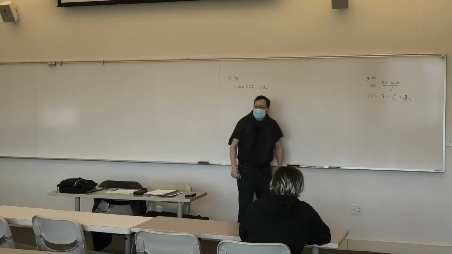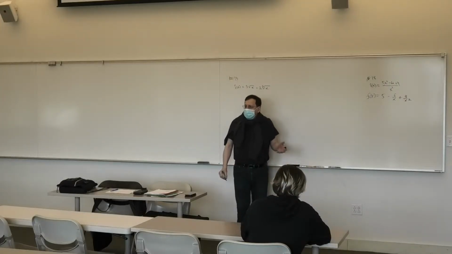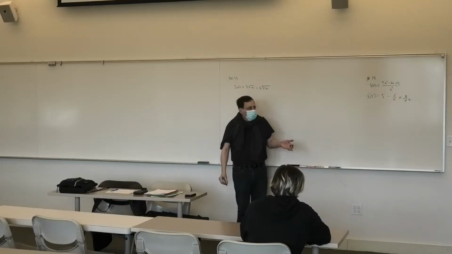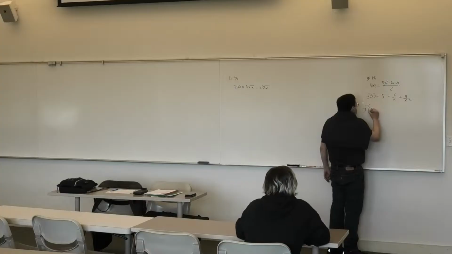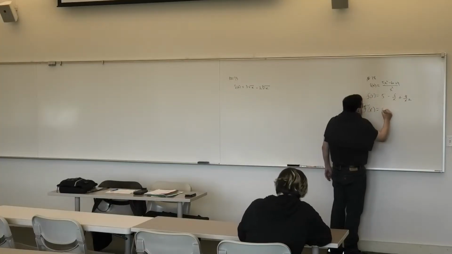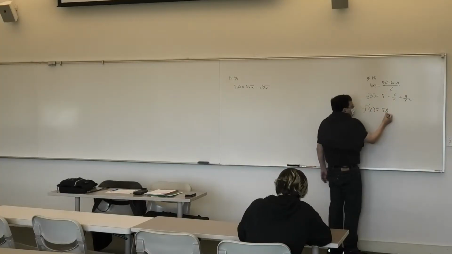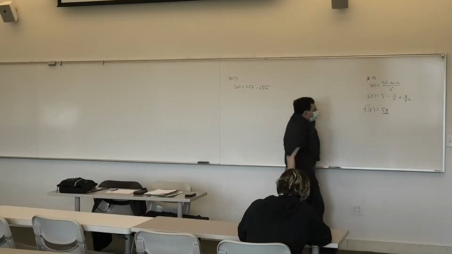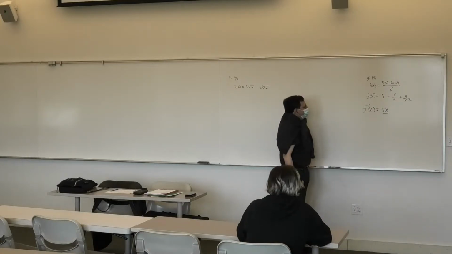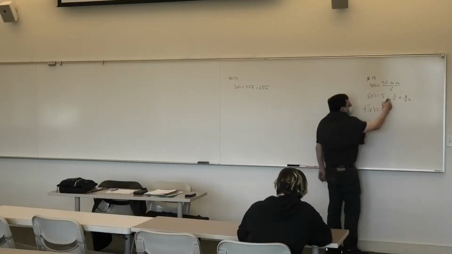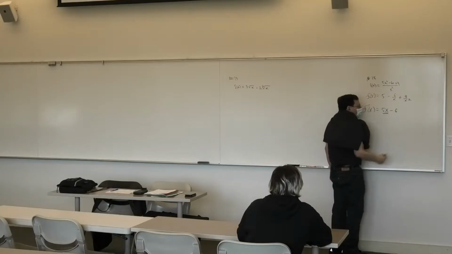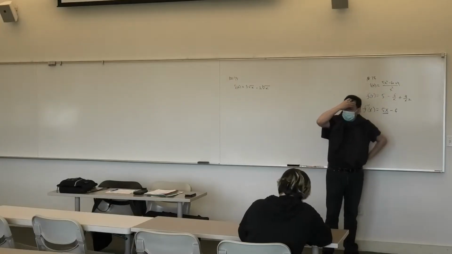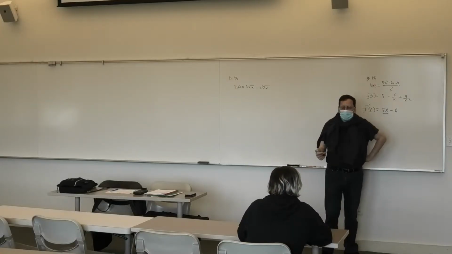Okay. Now, at this point, we have enough information to do this. This is 5x. That's the reverse power rule. This one might not be so obvious, but 1 over x, we have to know that. We really have to know this one.